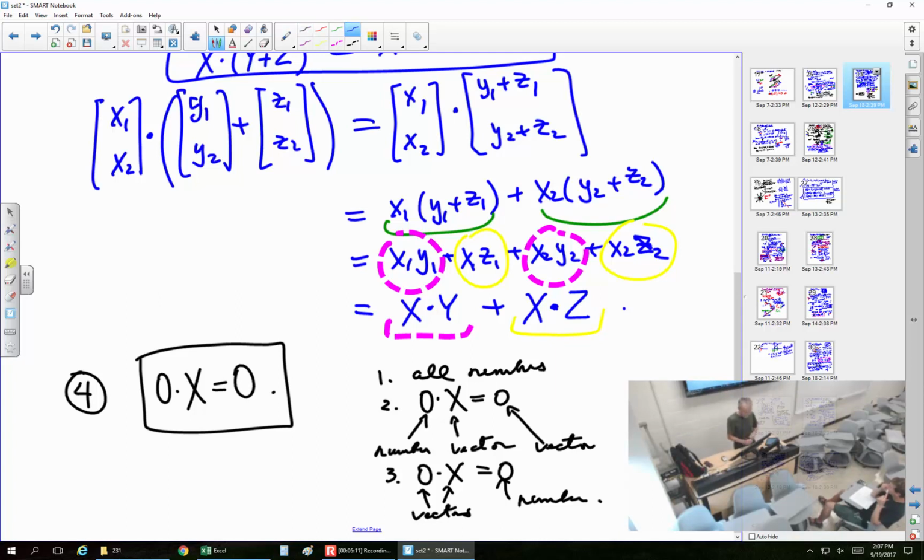If you want to rely on notation, I would not encourage that, but sometimes it does happen when extra notation is used for vectors, either boldface or arrows above the letters to point out which one is a vector and which one is a number. So without the arrow it is a number, with the arrow it is a vector. So this one would be 0 times x is the 0 vector.